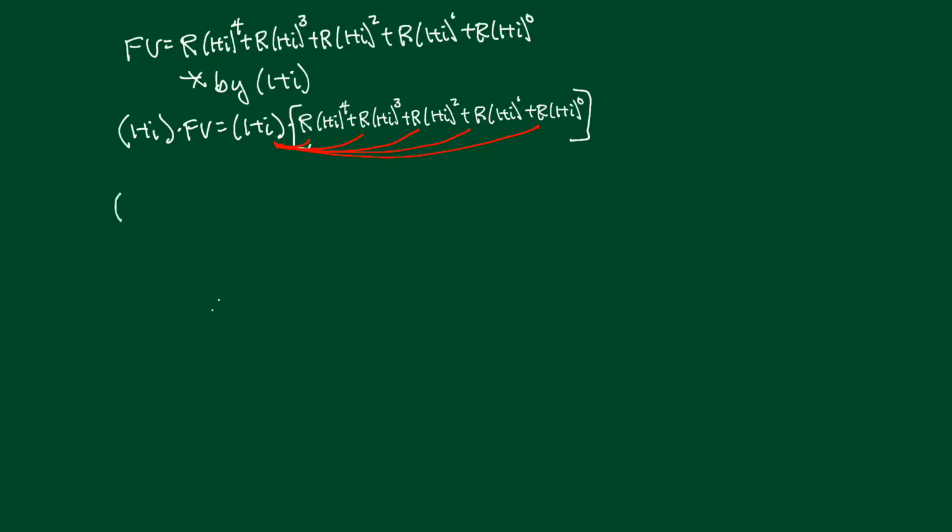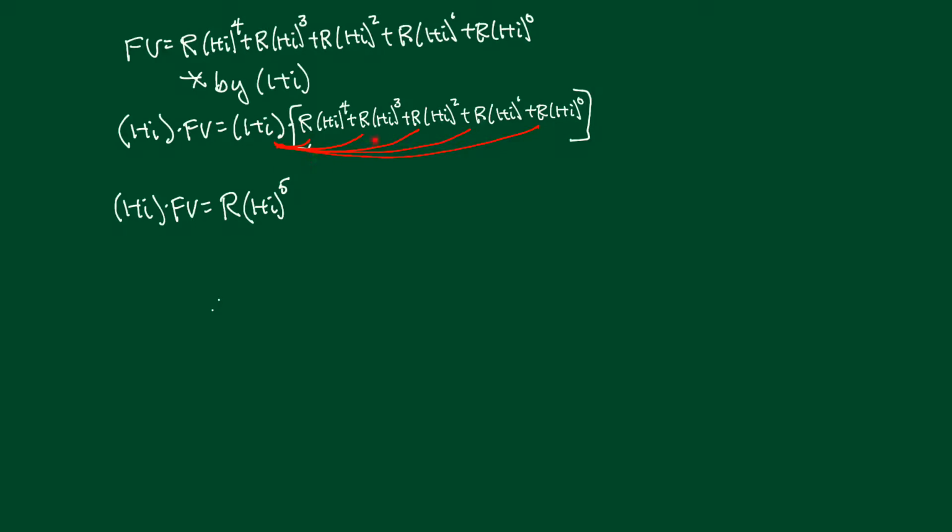So here's where we are. We're at 1 plus i times the future value is equal to, or I get it to the first one, R times, now what do you get here? 1 plus i times 1 plus i to the 4th. So you add the exponents, so we're going to get 1 plus i to the 5th.